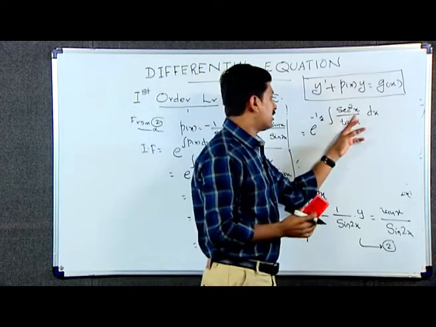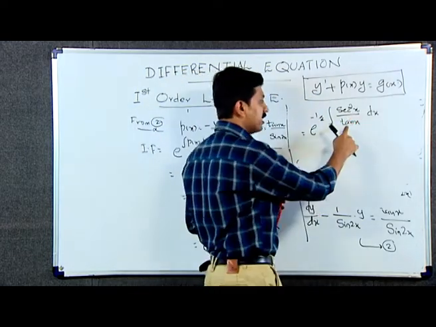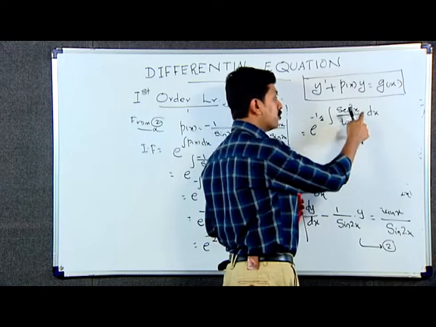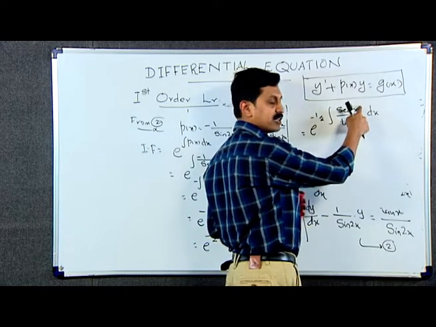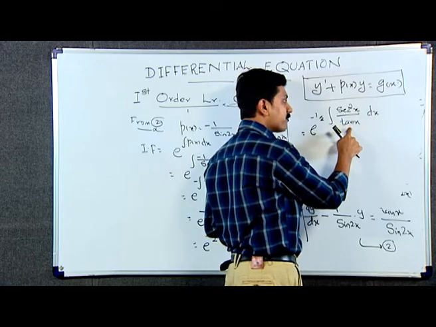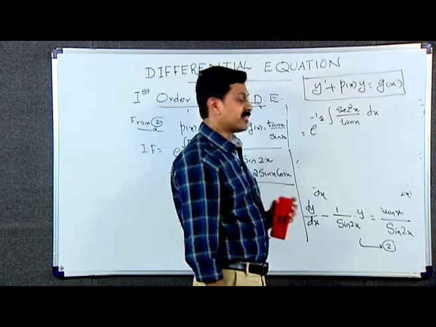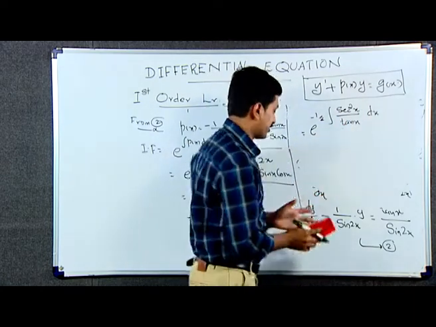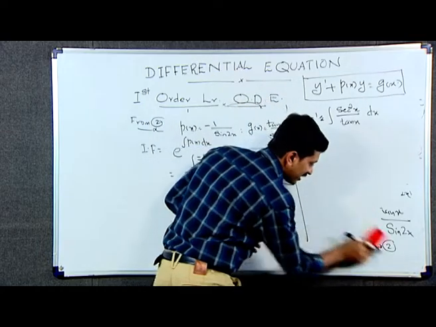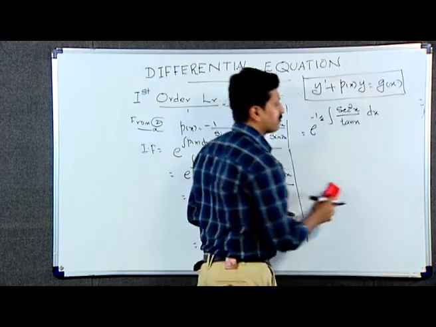See here you can see that the denominator is tan x, and the numerator is sec square x. The derivative of tan x is sec square x. That is why we can use the substitution method.